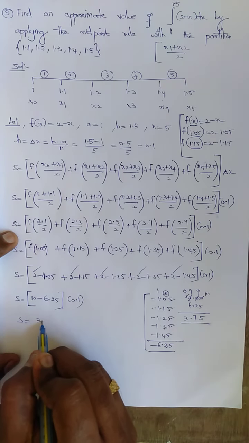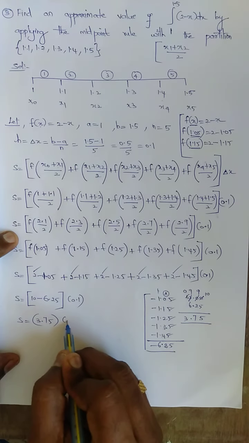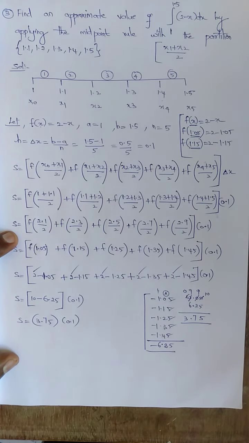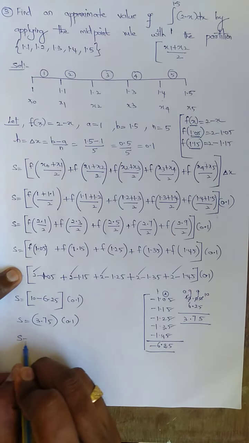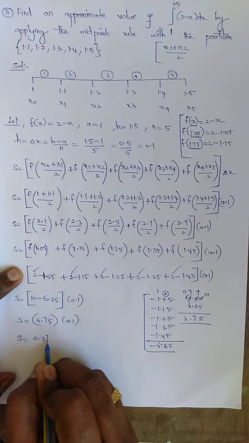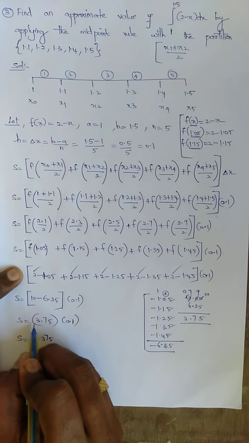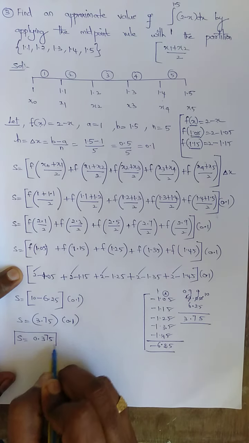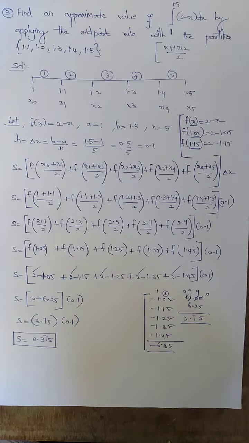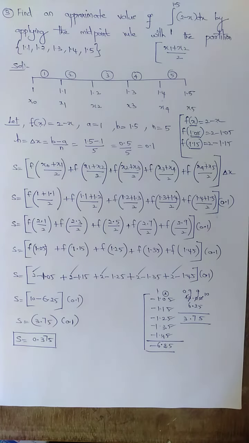S is equal to 3.75 multiplied by 0.1, so S is equal to 0.375. Multiplying by 0.1 moves the decimal one place to the left, so 0.375 is the required answer for this sum. So we have finished all the sums in this exercise.